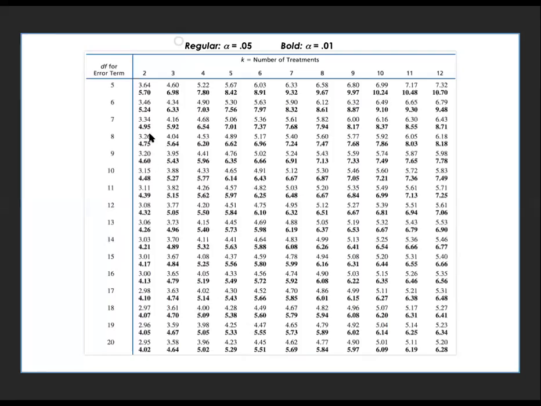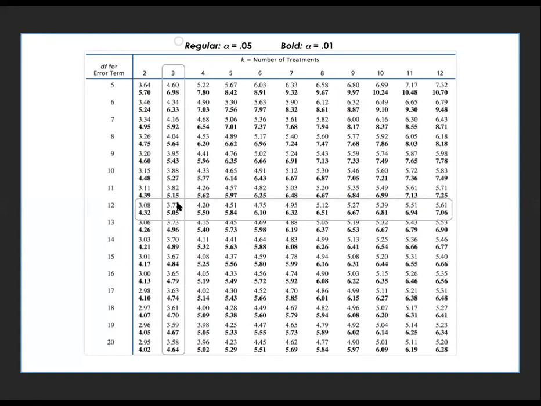So here's really similar to the F critical, where up here you're going to find your K value, and we said it was 3. And over here you're going to know degrees of freedom for the error term, or degrees of freedom for within, and we said that was 12. So when you highlight this 3 column, K equals 3, degrees of freedom within equals 12.